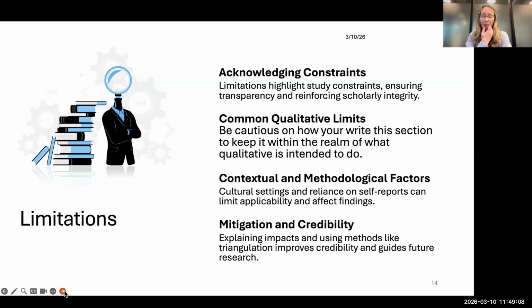There's absolutely going to be other limitations. Just be careful that qualitative in itself is not a limitation. Perhaps it's a limitation if you interviewed 3 people and you're using interpretive description. Like, it's a low number. But it's certainly not a low number if you've interviewed 26 people. So don't write that, is what I'm saying.